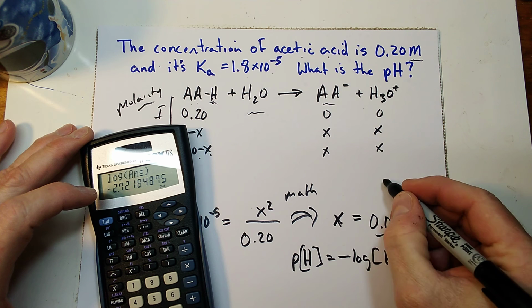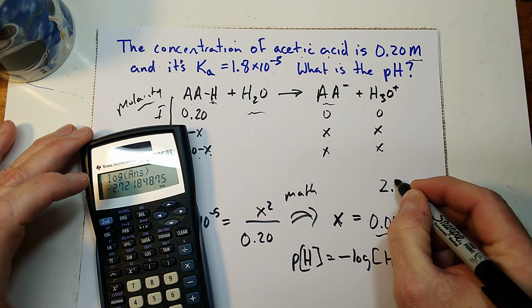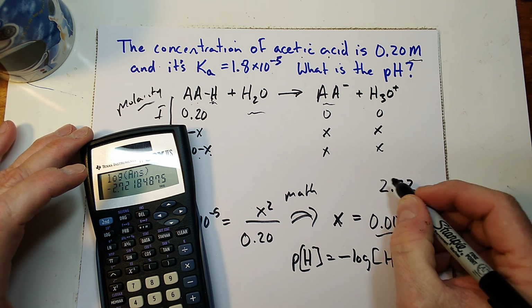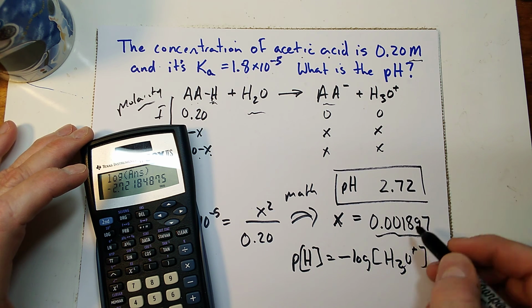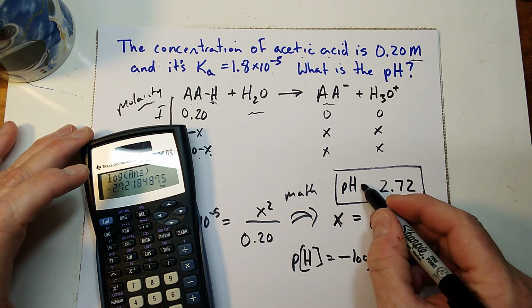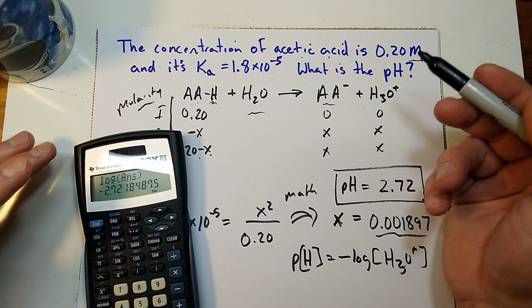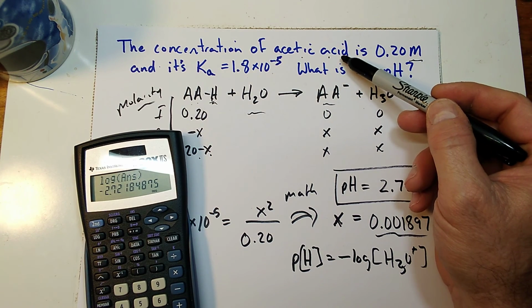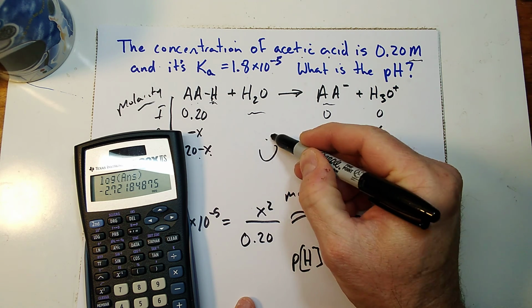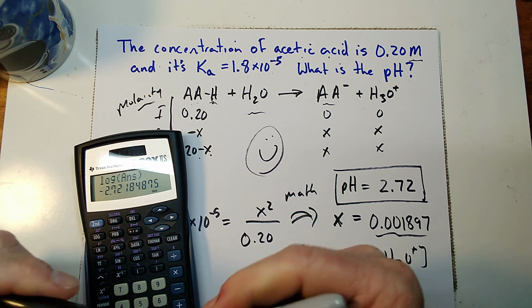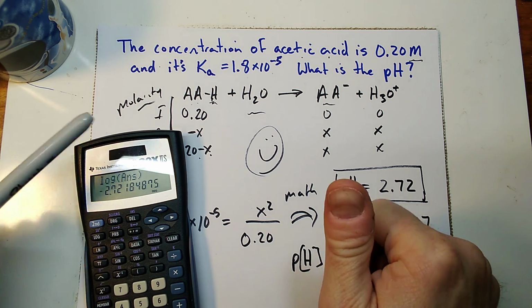And it's the negative, so this turns out to be 2.72 is the pH if I take the negative log of that. And that's fitting because we know acetic acid, being an acid, drops the pH. So again, make sure it kind of makes sense qualitatively. Hope that helps. Bye-bye.